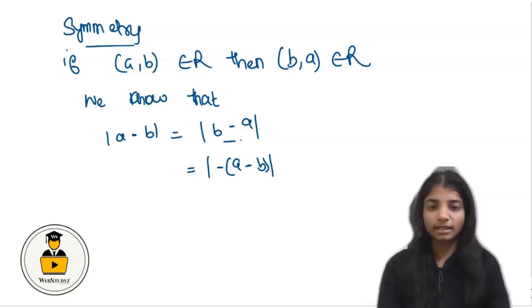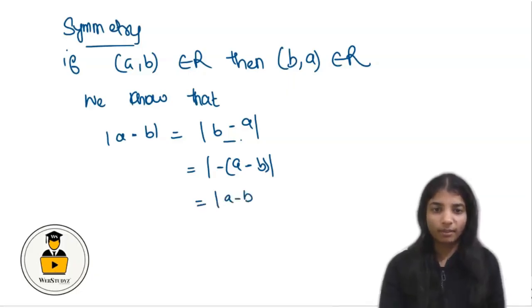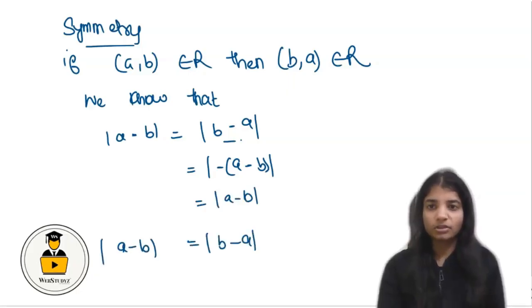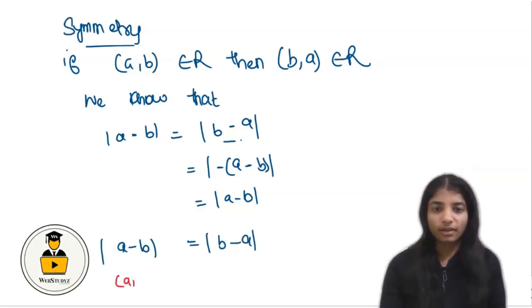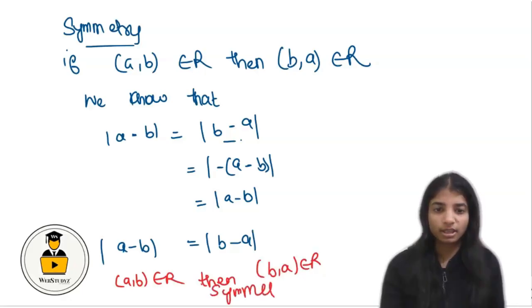So |b - a| equals |a - b|. So this relation satisfies the condition: if (a, b) belongs to R, then (b, a) also belongs to R. So this relation is symmetric.